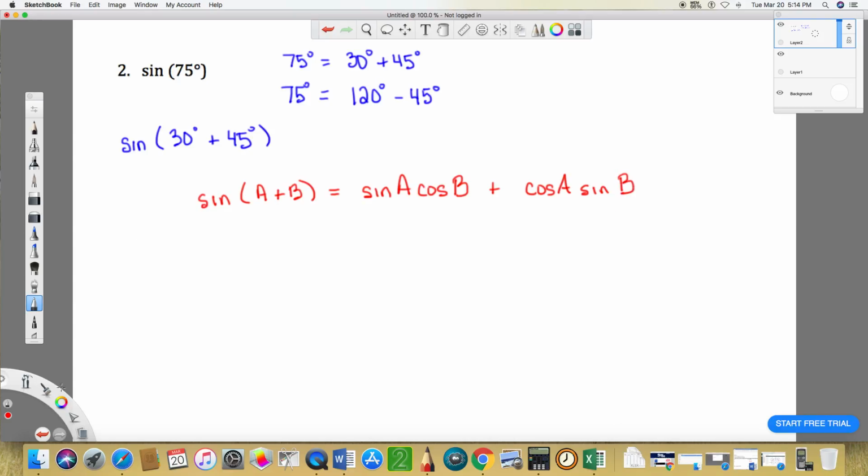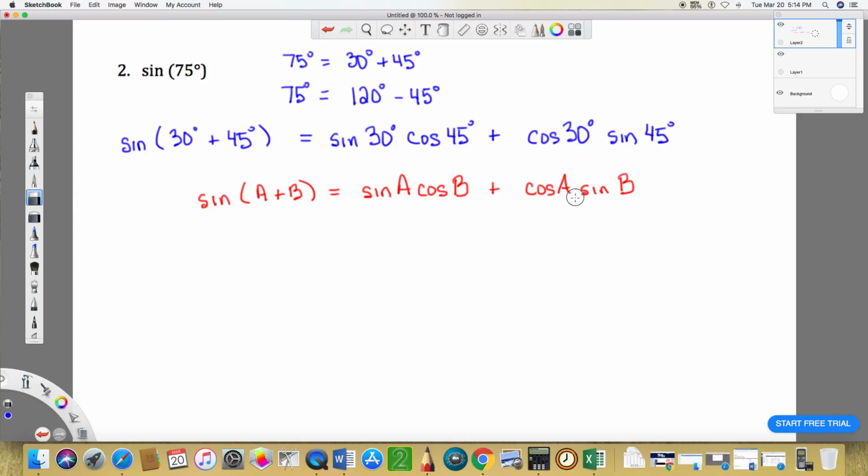I think it is. All right, so that means that we can write this as the sine of 30 degrees times the cosine of 45 degrees plus the cosine of 30 degrees times the sine of 45.